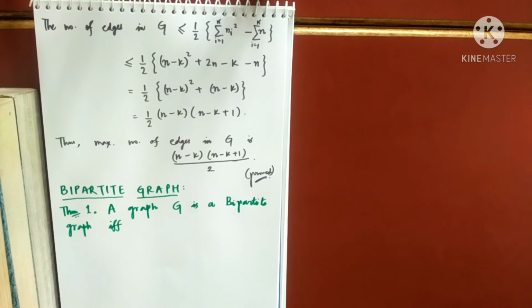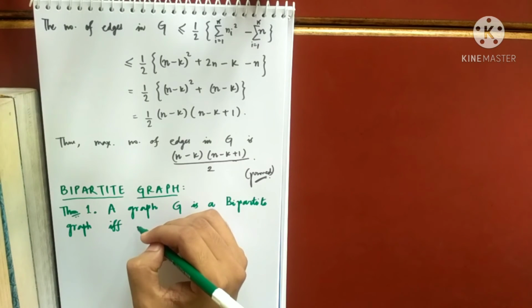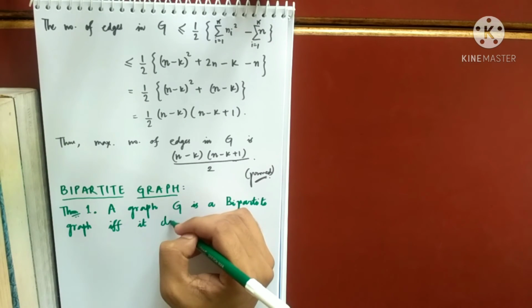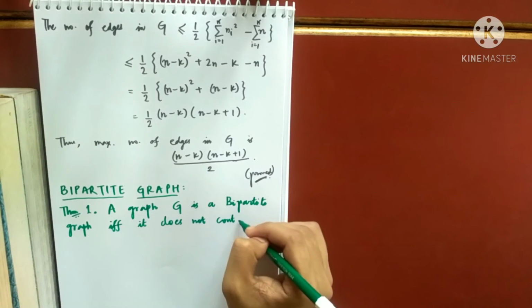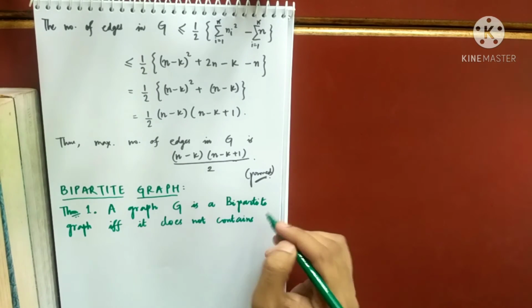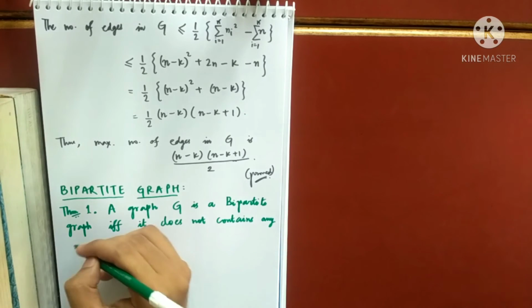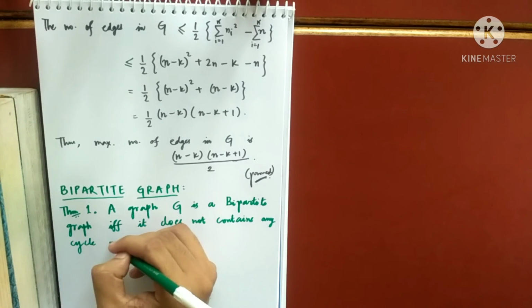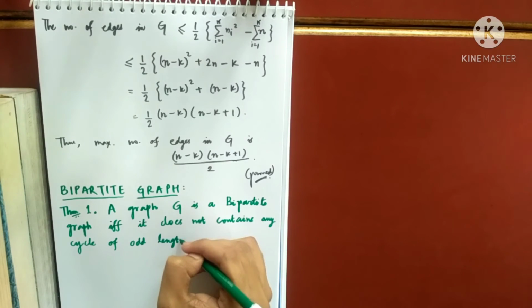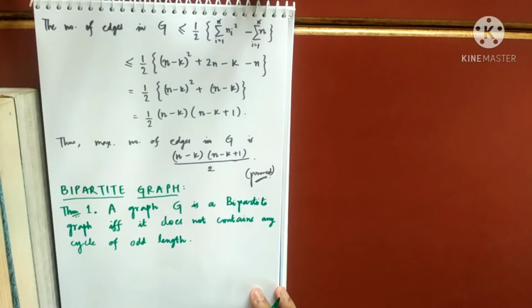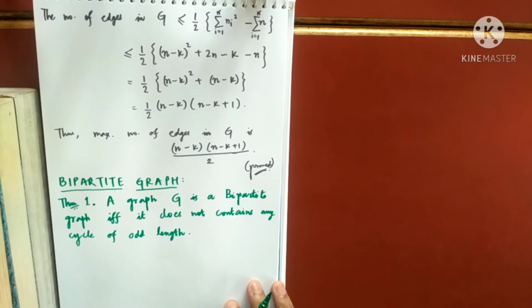A graph G is a bipartite graph if and only if it does not contain any cycle of odd length. So this is a very nice theorem.